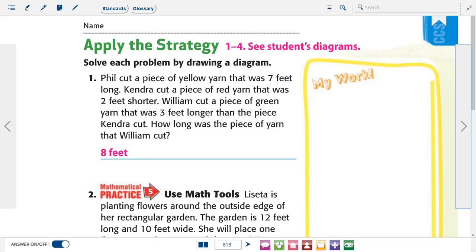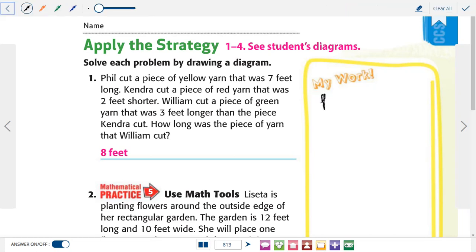To make this thing clear, let's try to write what information we know. I will write PH instead of Phil. We said that his piece is 7 feet. Now, I will write K instead of Kendra.